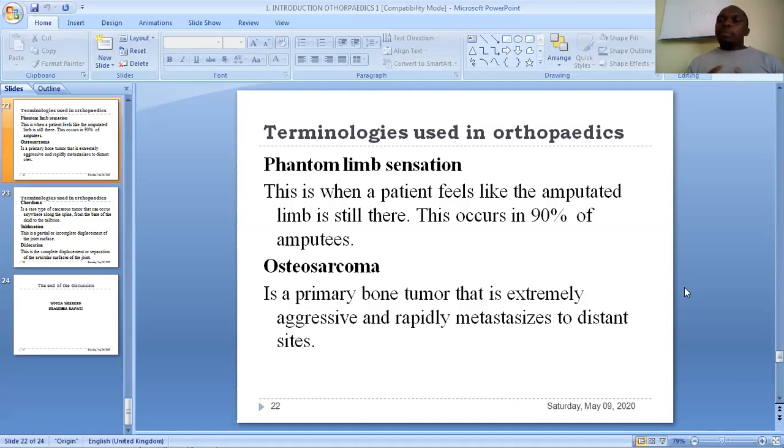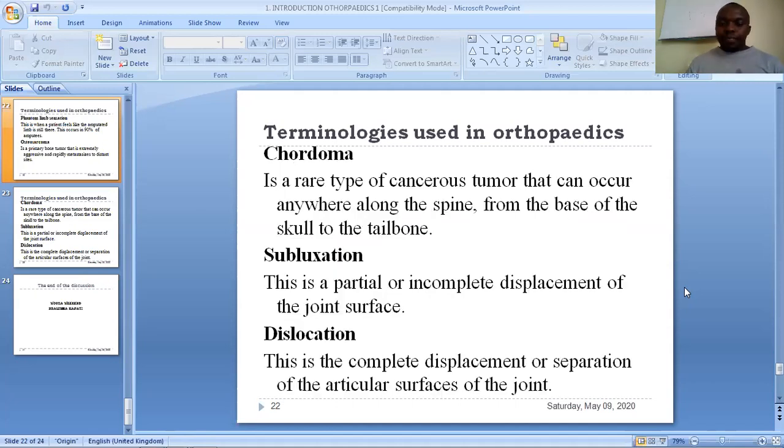A bone tumor can be primary, meaning that it originates from the bone tissue itself, or it may be a secondary bone tumor, meaning that it originated from the soft tissues around that bone and then only spread to the actual bone. That becomes a secondary bone tumor.